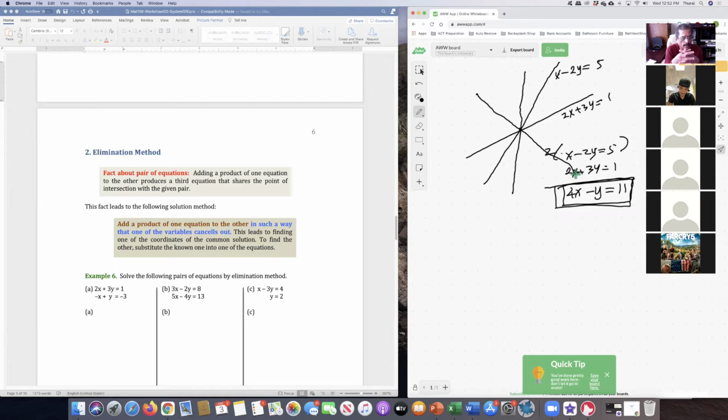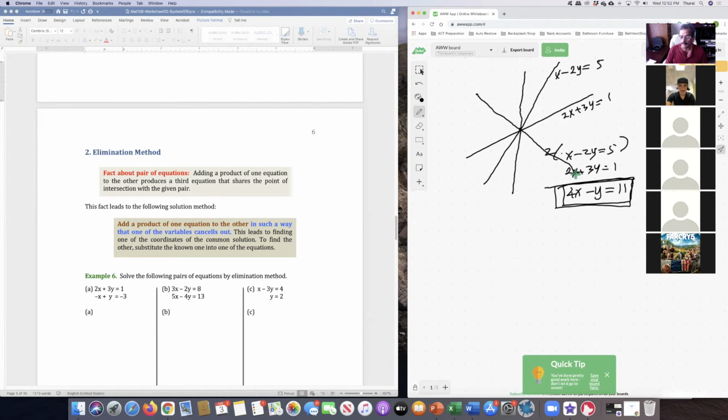So this means we can get a new equation by adding a multiple of one equation to the other, and that new equation will go through the same point of intersection. Means by using the new equation, if I find the point of intersection, then it will be the same as the original point of intersection of the original equations.